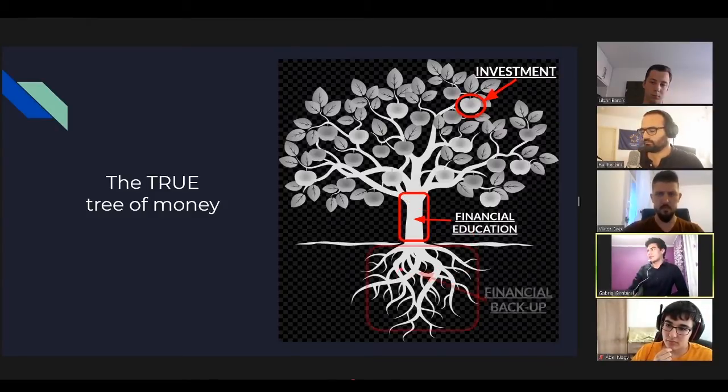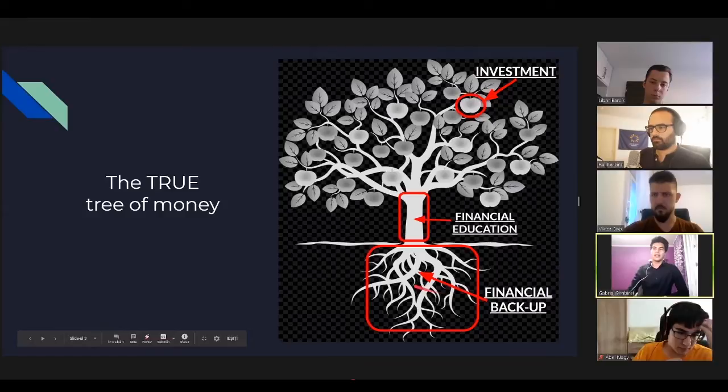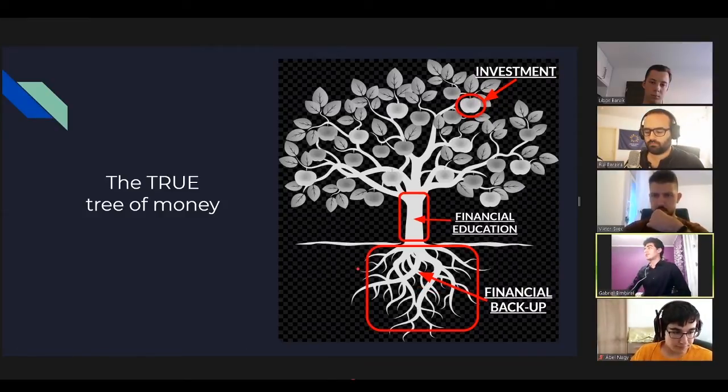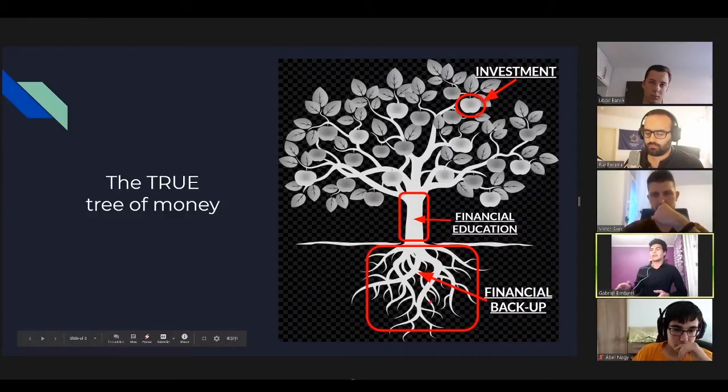And the root of the tree is the financial backup. This is the safety net. If something happens to the investment and you don't have leaves, you need to get your resources from the ground. And this means your savings, the savings account.